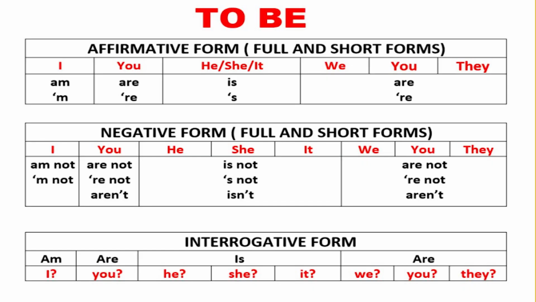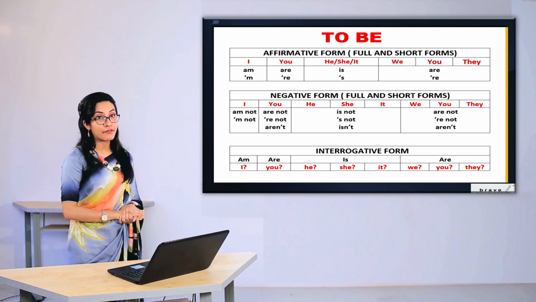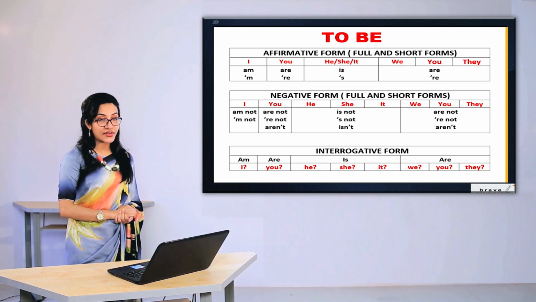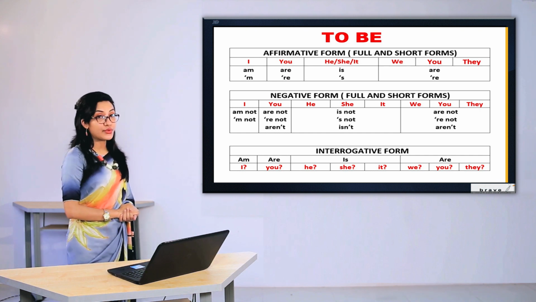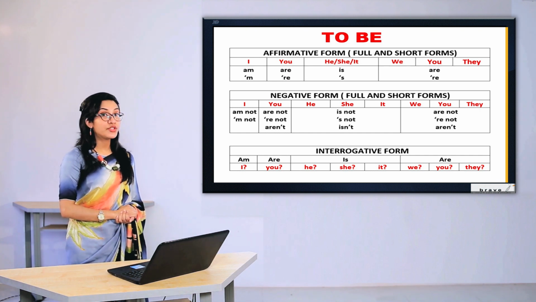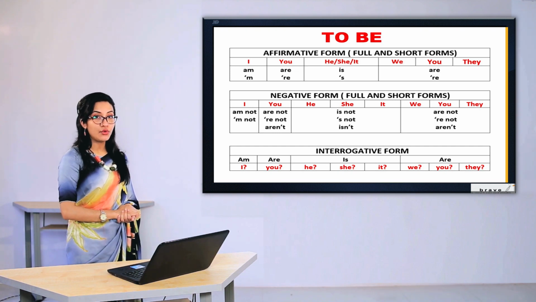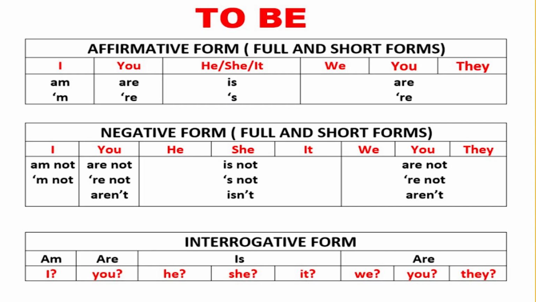Now, which be verb is going to be used with which subject? For example, if we use first person, we use am after I. On the other hand, if it is plural, for example, we use are. In case of second person, you, we always use the be verb are in simple present tense.